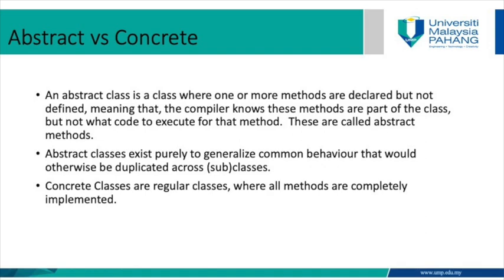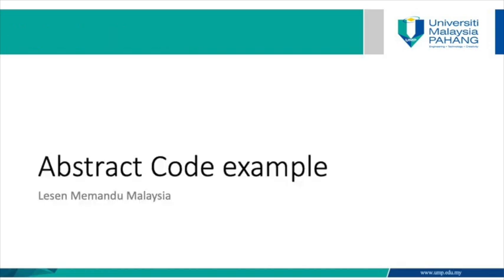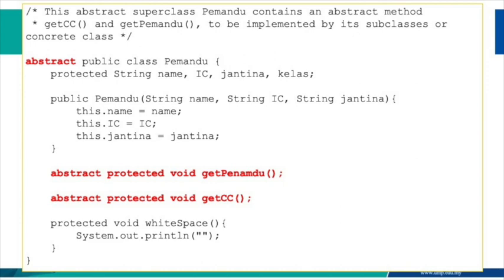So actually we use an abstract class to generalize the common behavior that would otherwise be duplicated across subclasses. So actually it can save memory. And then let's see the code example, based on our previous example, which is the driving license system.